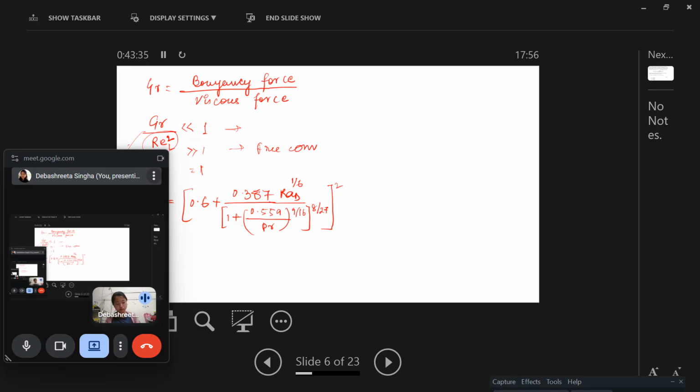So the Nusselt number we get from here. Then from here we can calculate, obviously, the heat transfer coefficient, which is the main objective behind these studies.